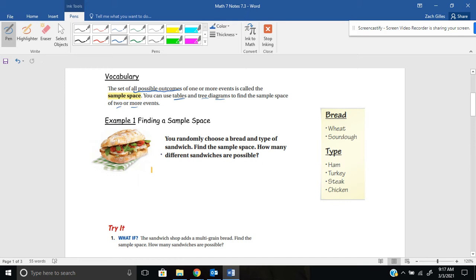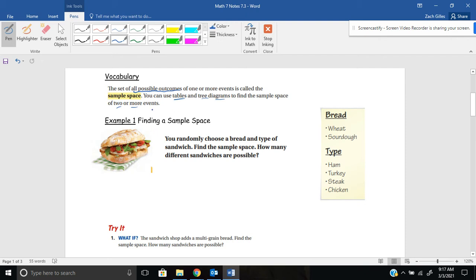Okay, so we're making a sandwich here. We've got two different types of bread we can choose from, and we've got 4 different types of meat that we can choose from to make a sandwich. And we want to know how many possible outcomes there are, or in other words, what is the sample space?